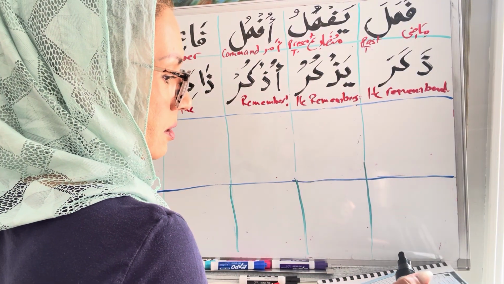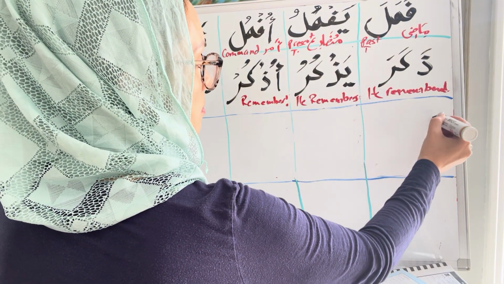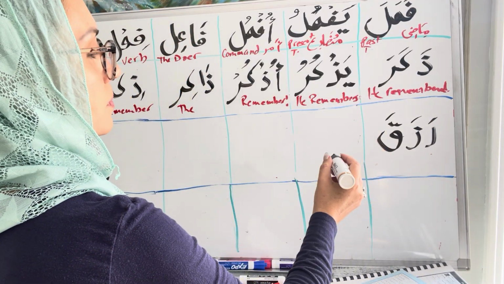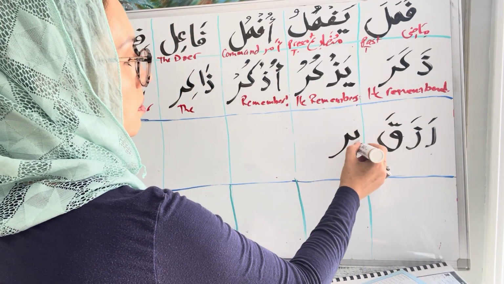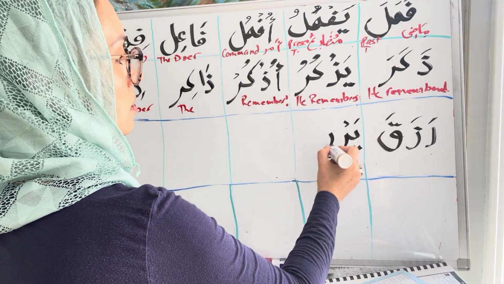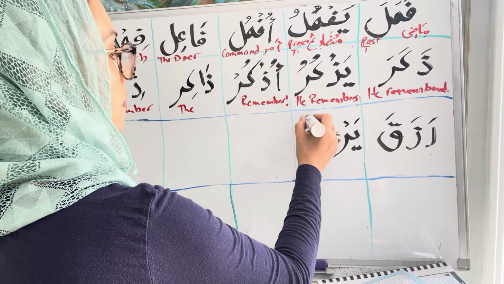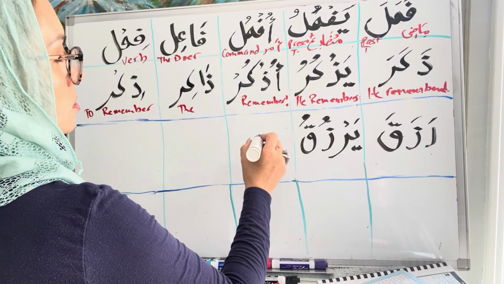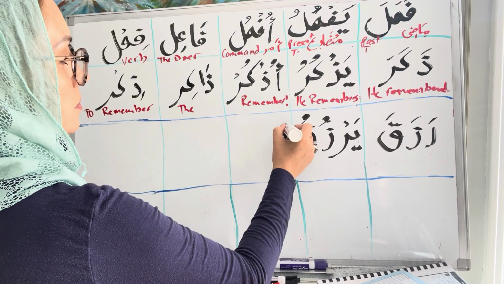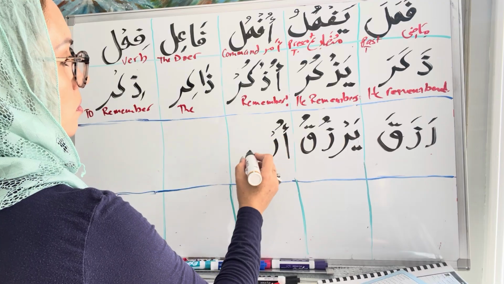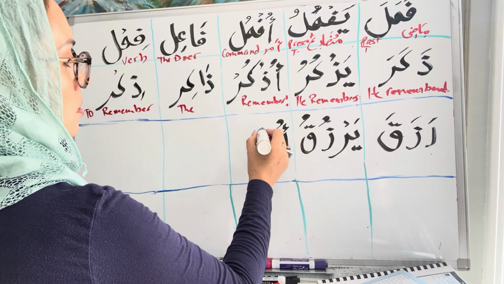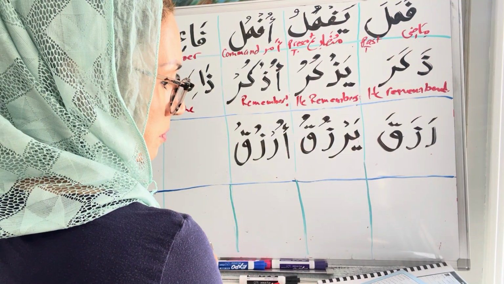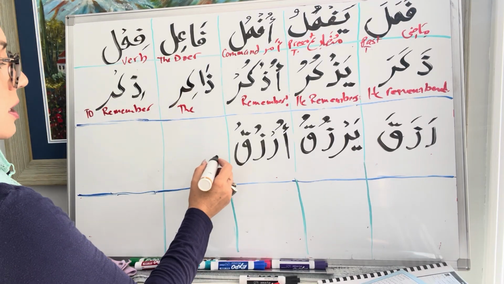Next word we have is رزق. يرزق. أرزق. And then فاعل is رازق.